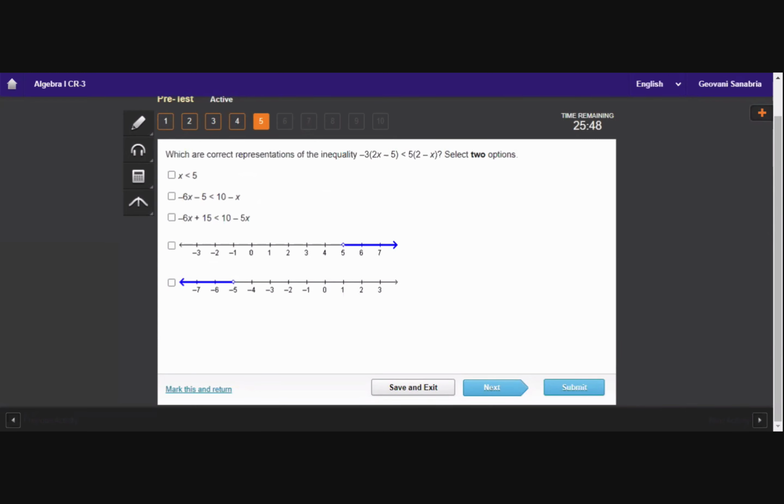And then negative 3 times the negative 5 should be positive 15. Okay, so that goes away. Well, you said negative 6x and negative 15. It should be negative 6x and positive 15. Yeah, I see. But the sign next to the 5 doesn't stay there. It turns positive, right? That's what always confuses me. So it's gone.